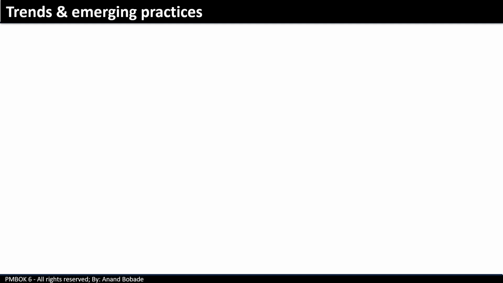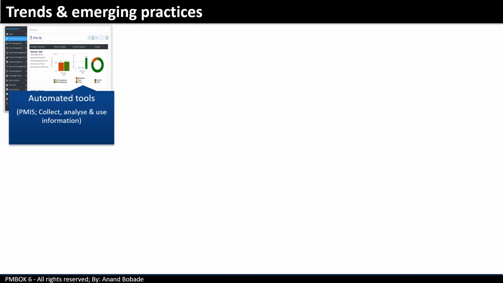Let's see new trends and emerging practices in project integration. With advancement in IT software, there are several automated tools to help the project manager. Project management information systems help the project manager by collecting and analyzing information, generating reports and communicating those reports to various stakeholders.